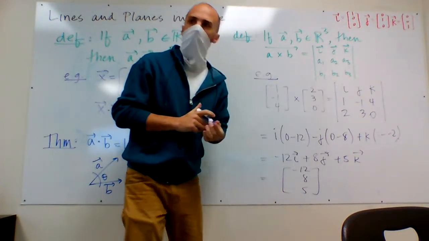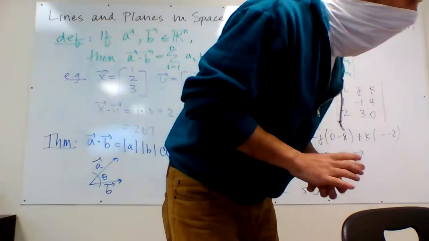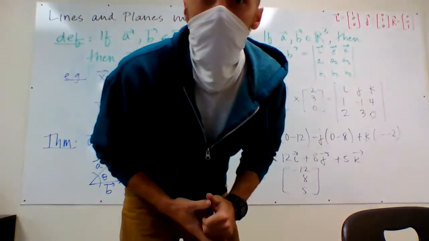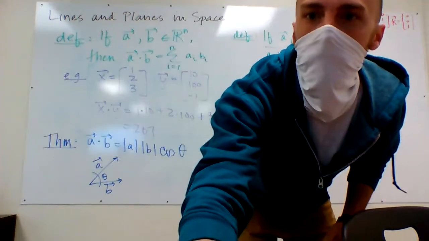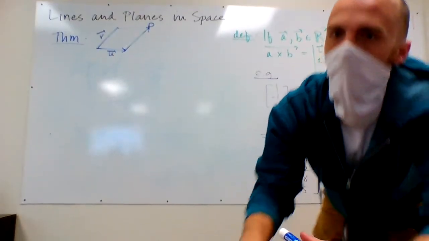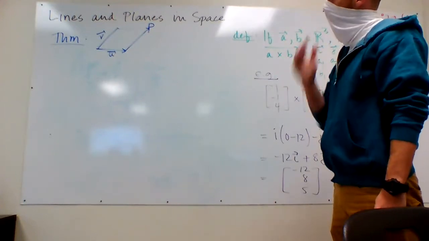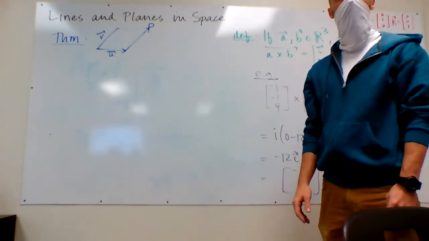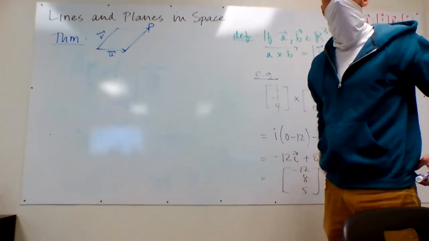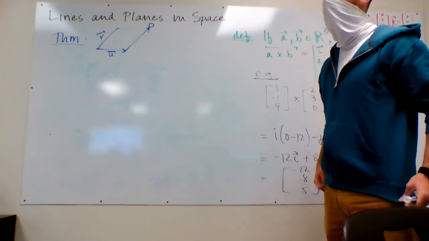Okay, I'm going to do a couple more examples, and it's something involving area. So just set that up. One thing I want to show you about the cross product is how we would find the area of a parallelogram in space. That's one application of the cross product that I don't think I've mentioned in this class thus far.